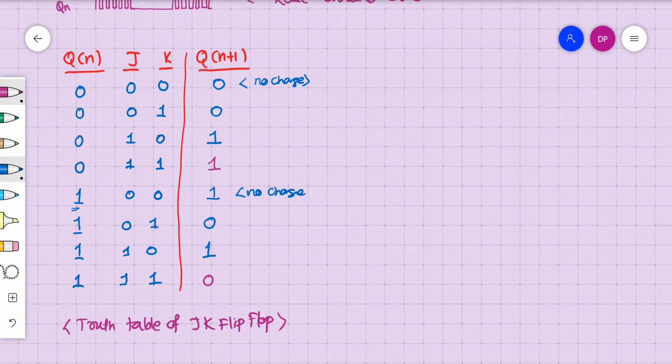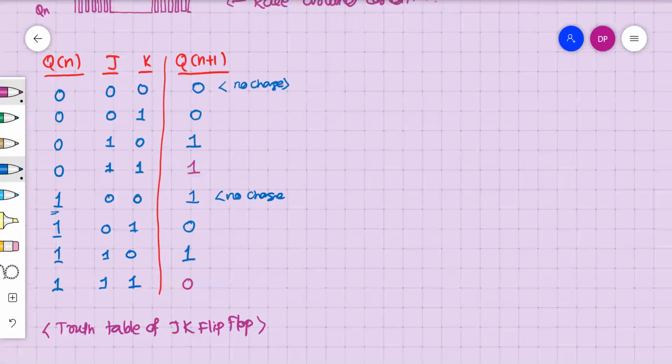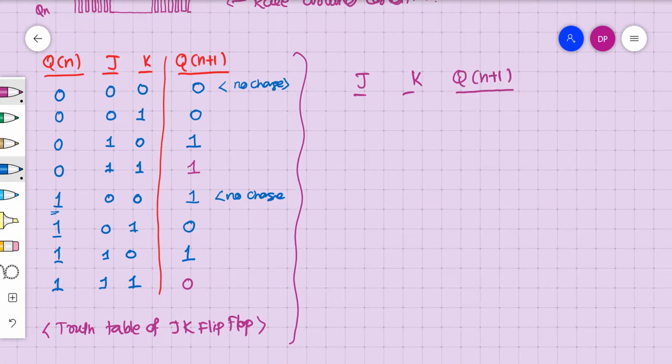Now let's make the characteristic table out of this truth table. Okay, over here, what I'll write, this is J, this is K, and let's say this is the next state.